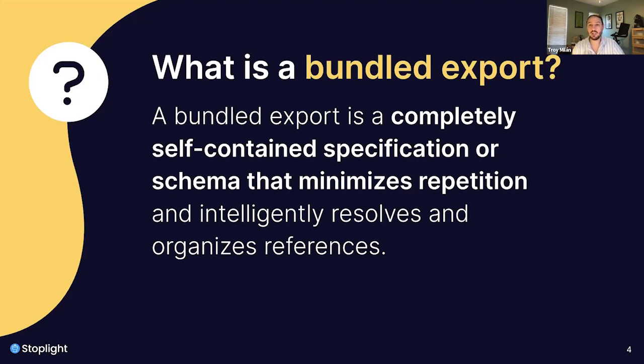Maybe they have masking, but we'll pull those in, and instead of putting them directly in line to where you've referenced them, we'll instead smartly add them to the components or the definition section, depending on if you're using OAS 3.1 or 2.0. We'll put that content in there, and then reference it within the same file. That way, your file stays small, it's easier to read, and you can continue to reuse those references in multiple places throughout your API.